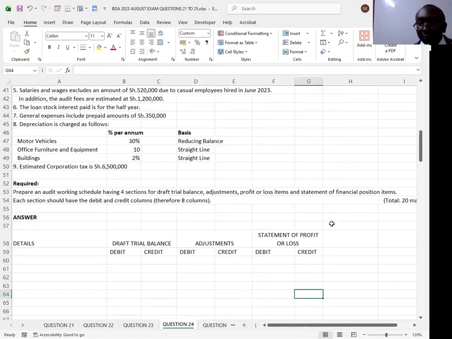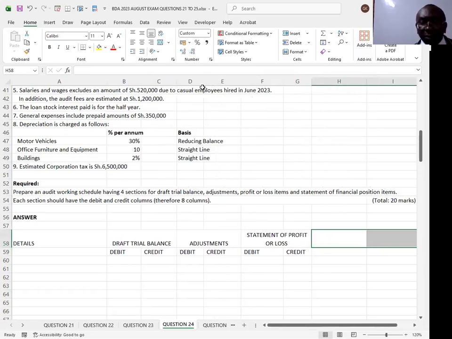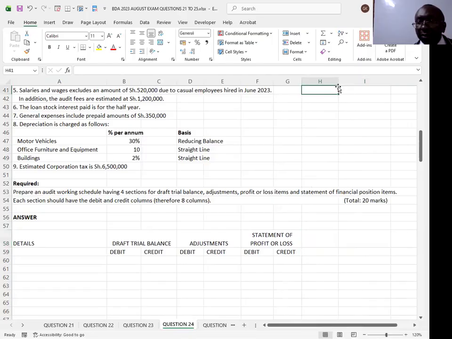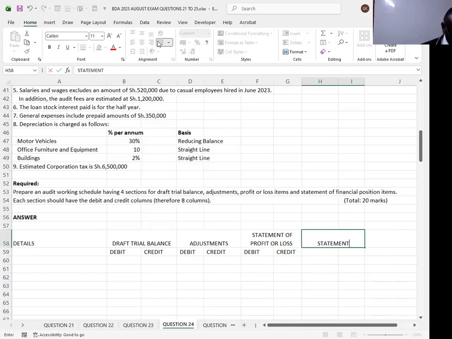This one, one also. Statement of financial position.